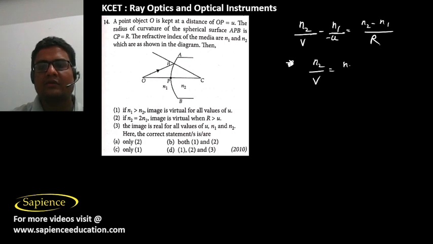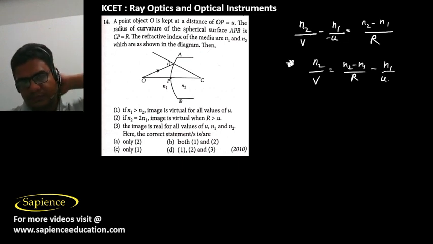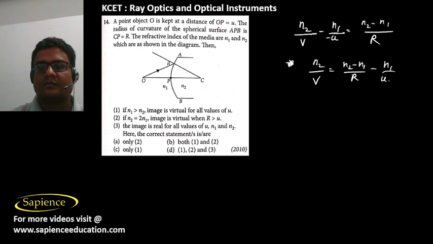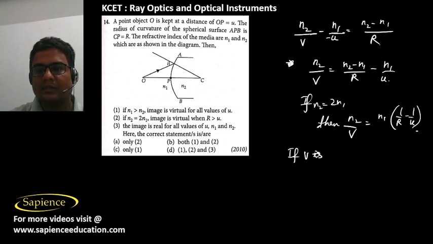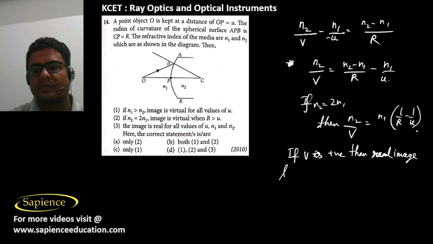So N2 by V is equal to N2 minus N1 by R plus N1 by U. So if N2 equals 2N1, then N2 by V will be equal to N1 into 1 by R minus 1 by U. So the rule is that if V is positive, then we will have a real image. But if V is negative, then we have a virtual image.